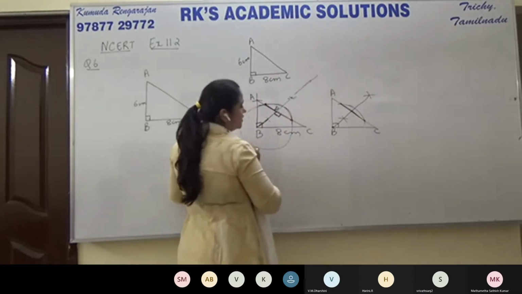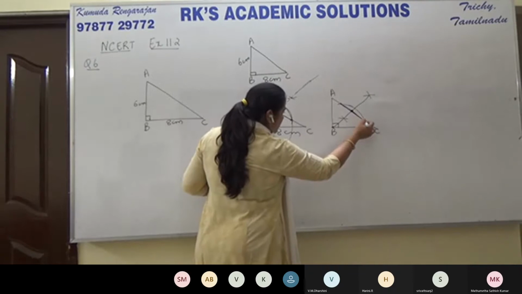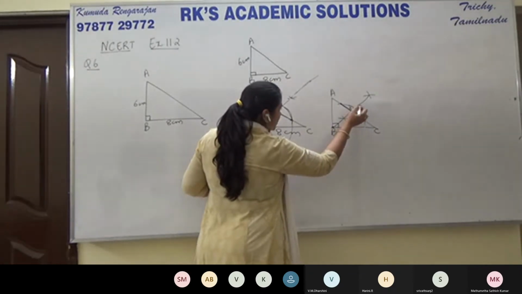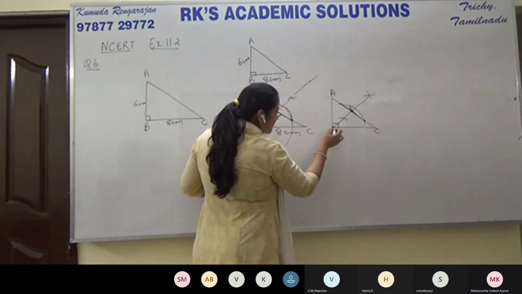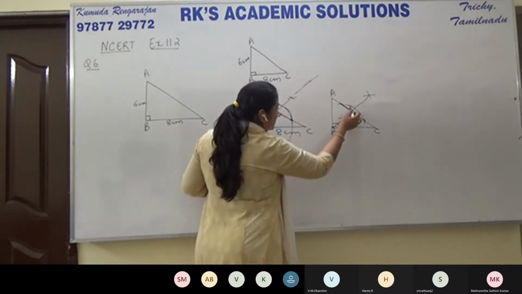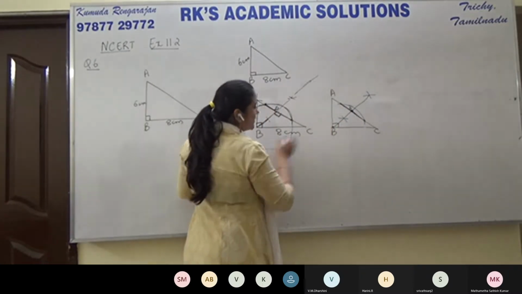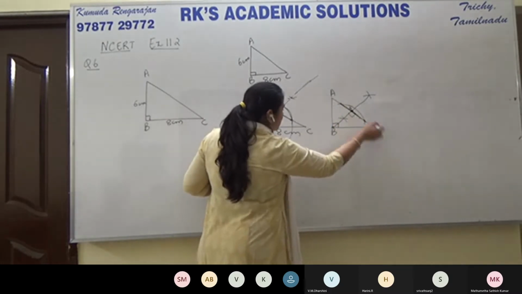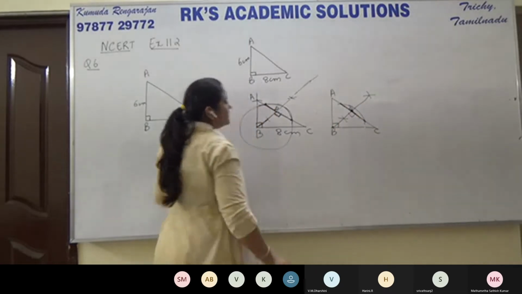Now, since this is the midpoint of this chord, supposing we don't know this is D, we'll just call it E. Now BE is a line segment from the center to the midpoint of the chord. Then that means it's perpendicular to the chord. So BE is perpendicular to the chord, meaning it's perpendicular to AC also. So that means that is the required point D.